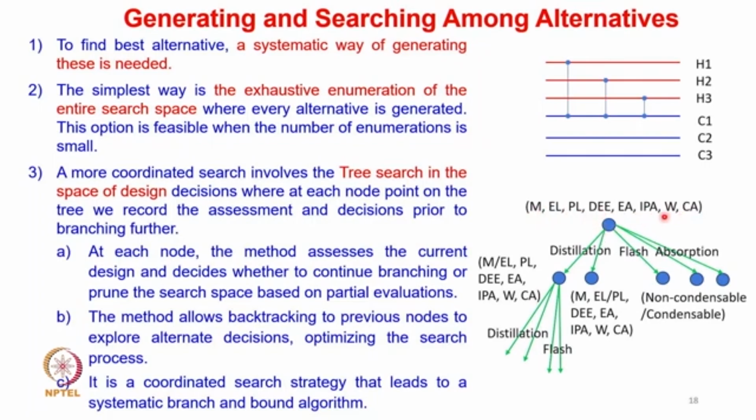We can separate these components by using different methods. So if we select distillation, in the distillation we may select separating methane from ethylene, or we can have an option of separating ethylene and propylene. So based on that, we will get different nodes.